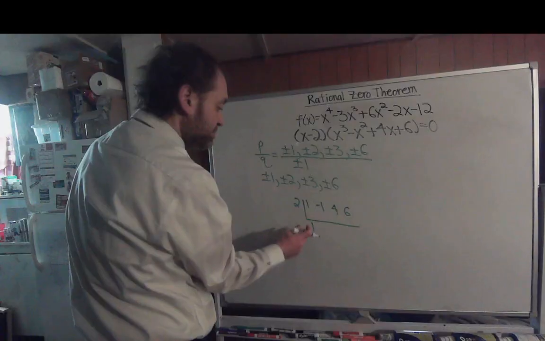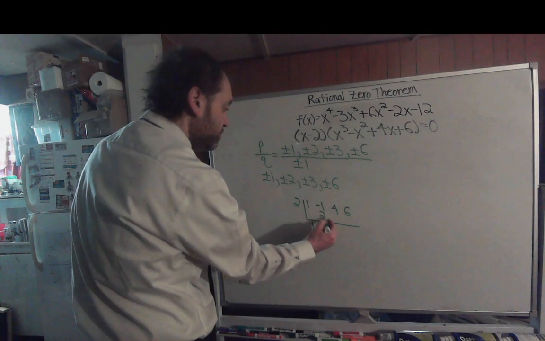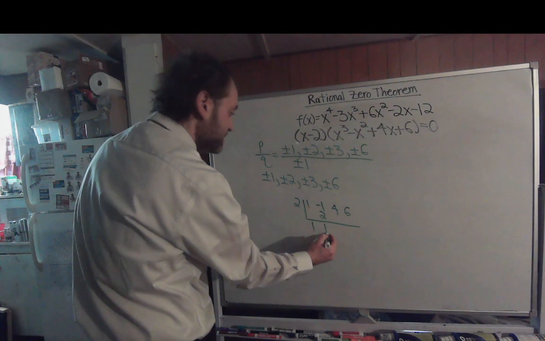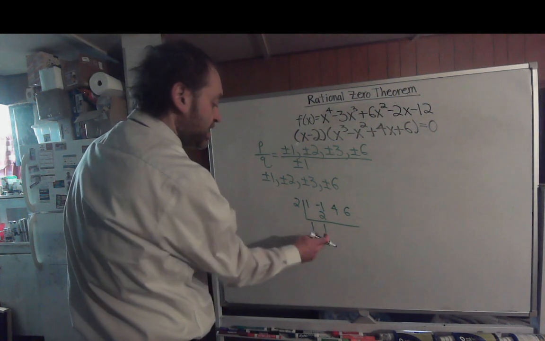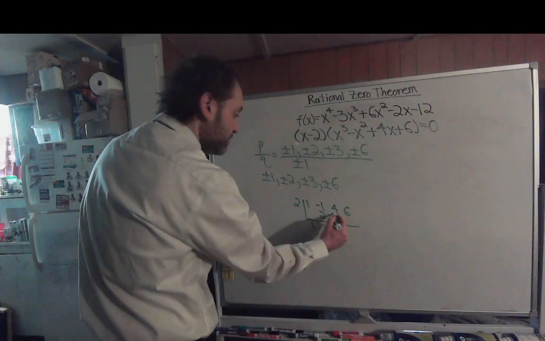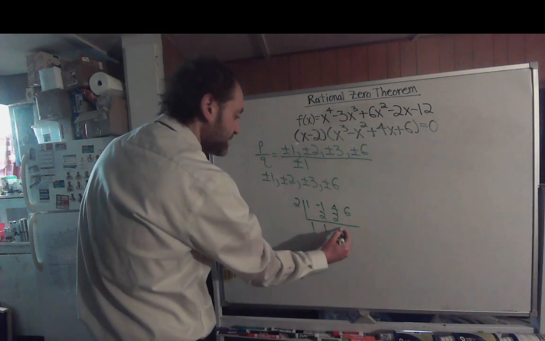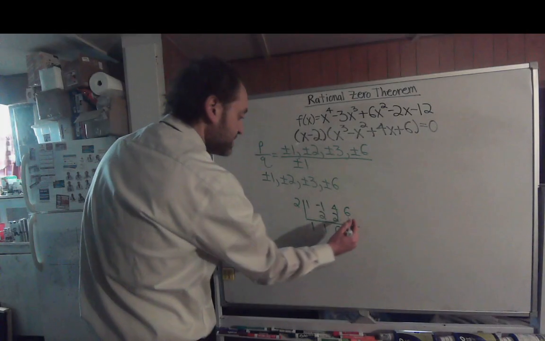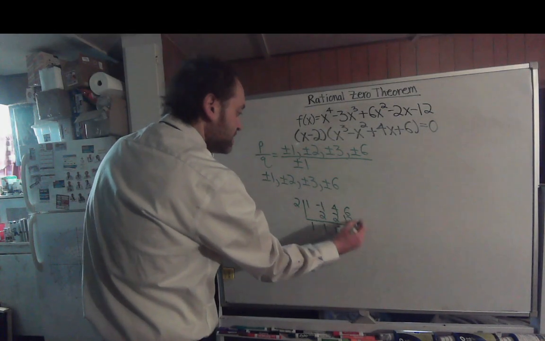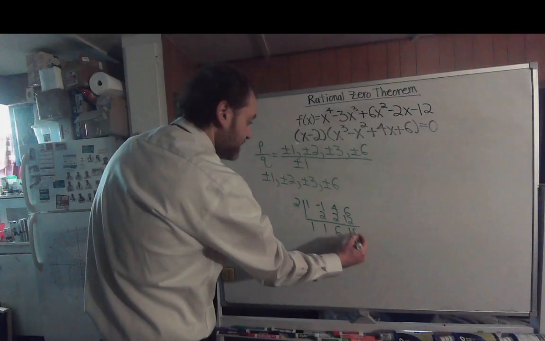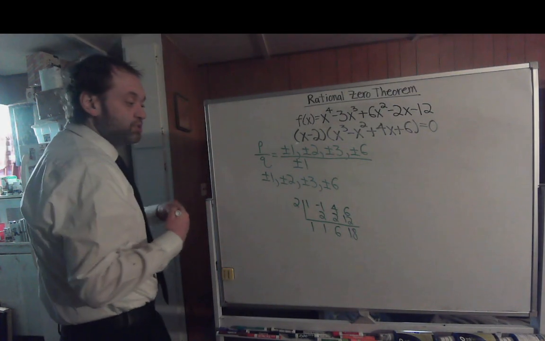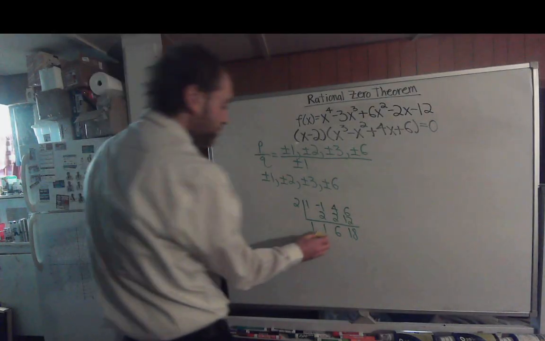What is 2 times 1? That's going to be 2. Negative 1 plus 2 is positive 1. 2 times 1 is 2. 4 plus 2 is 6. 2 times 6 is 12. So 6 plus 12 is 18. We have a remainder of 18, so positive 2 definitely isn't a rational zero.